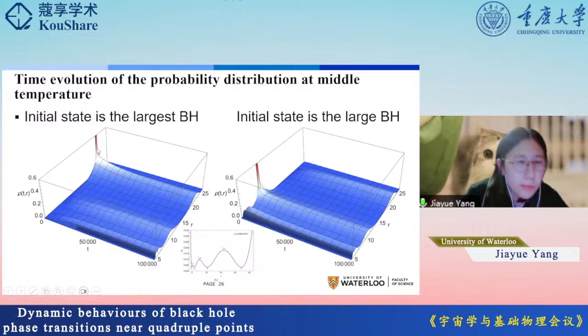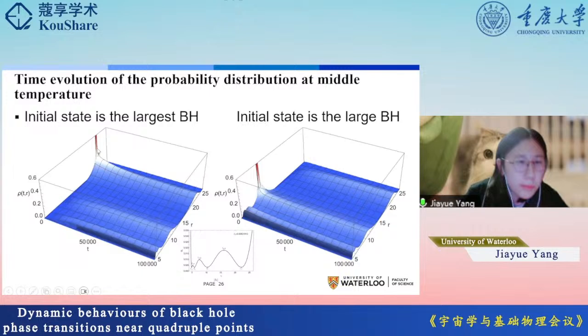For the initial small black hole, it is peaked at the small black hole initially, but it will also leak probability to the other three states. And we can also see a little peak for the smallest black hole.